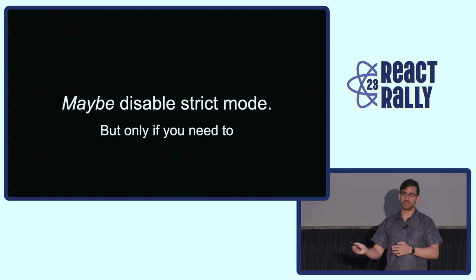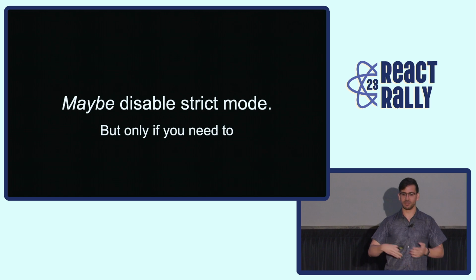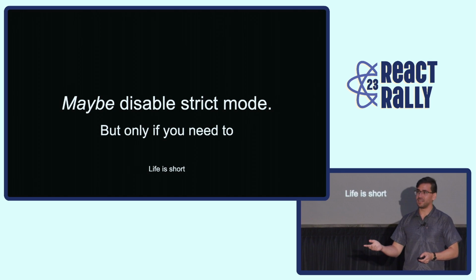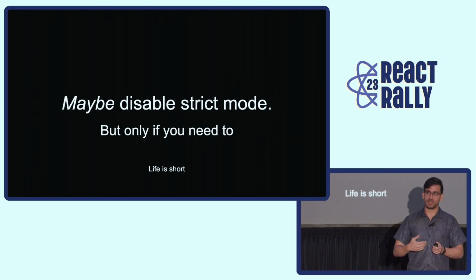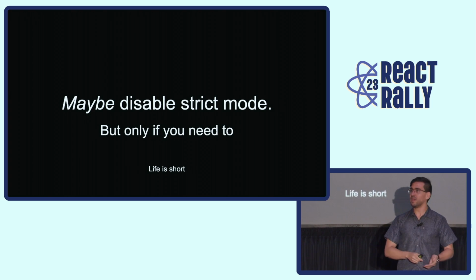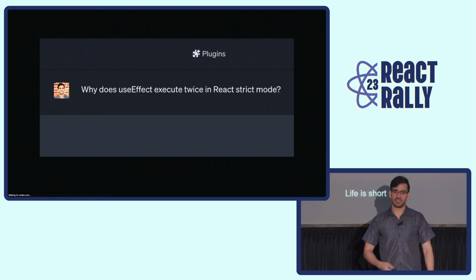And sometimes it's really easy to say, okay, I can refactor this, I can move it to event handlers or something else. But sometimes it's really hard and you just need to move on, because life is short. And I think it would take you a lot less time to fix that very rare issue that happens because you didn't use strict mode than to actually fix things while strict mode is on and double executing.